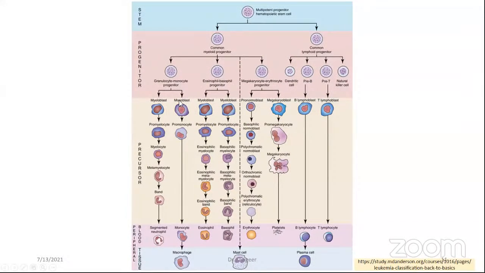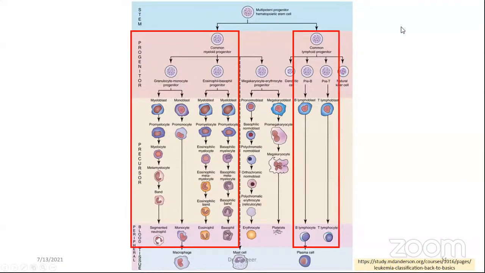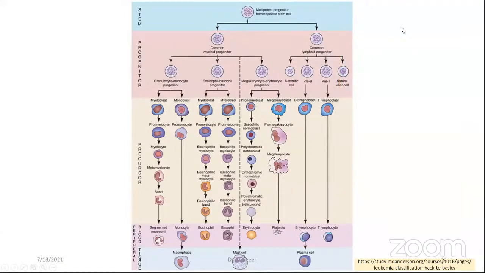So this diagram shows the maturation sequence of these cells. We have common myeloid progenitor cells and common lymphoid progenitor cells.